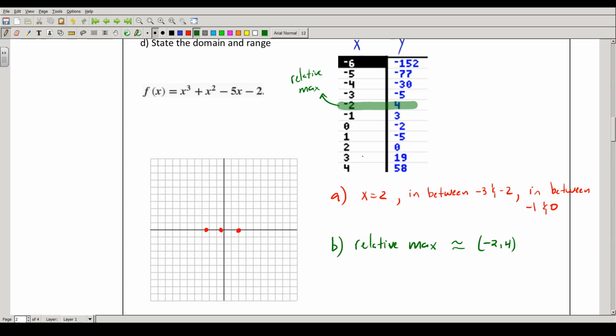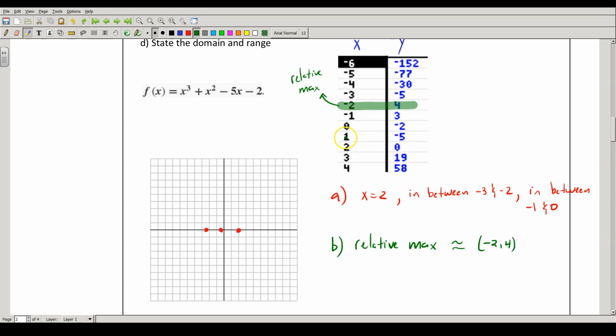All right, so then we want to continue to look for more of these. So then we look at the y values again. So we're at 4, and now it looks like we're going down, right? So we're going down, we're decreasing, -2, -5, we're getting down to -5, and then after that, it goes back up to 0.